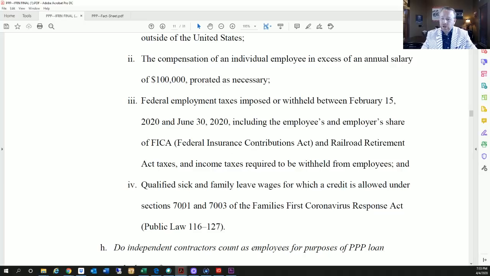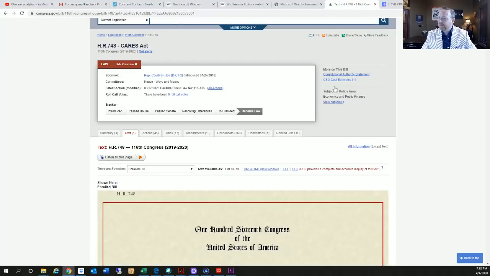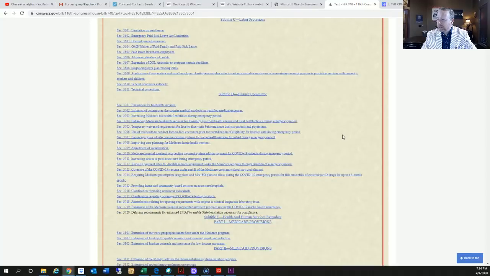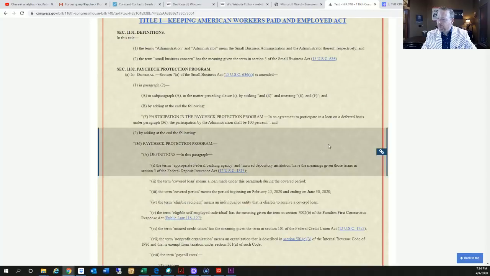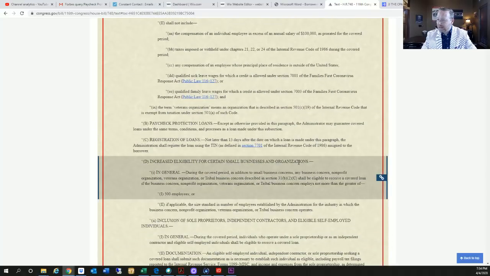But when you look at the actual aspect of the tax law, and we're turning to, excuse me, I've got it here on my, yeah, there we go. Let's refresh here. So when we're talking about, I don't know a way to make this actually bigger, but this is in the CARES Act.